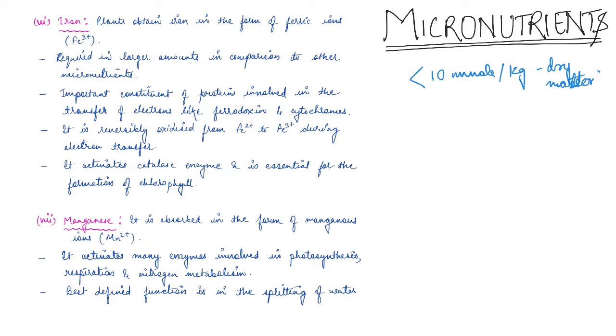So if the element is present in less than 10 millimole per kg, then it is a micronutrient. If it is present at more than 10 millimole per kg, it is a macronutrient, right? So the first micronutrient that we are going to talk about is iron.